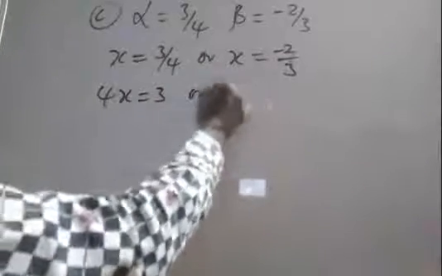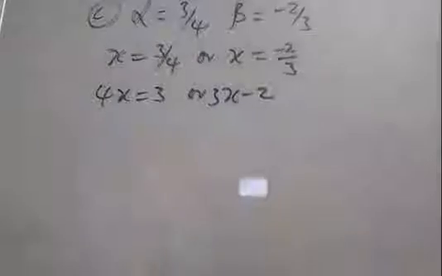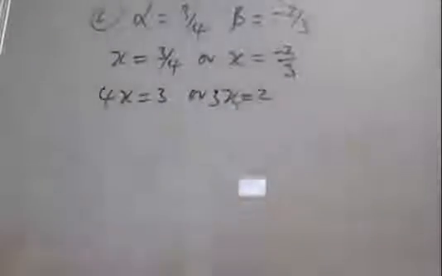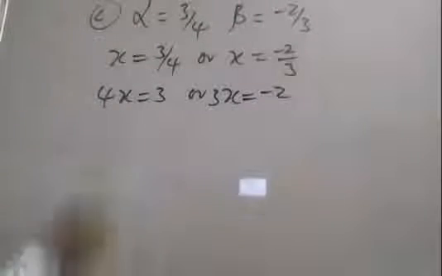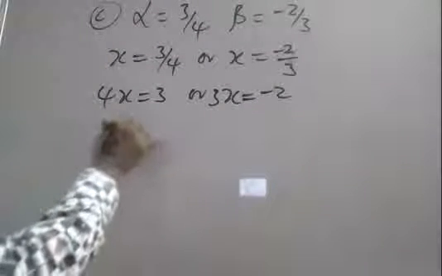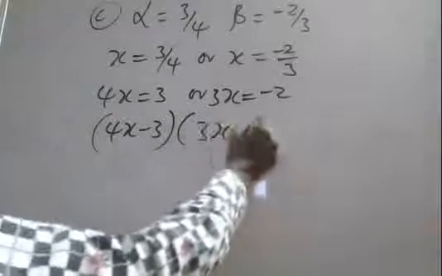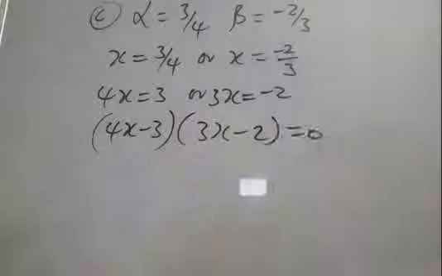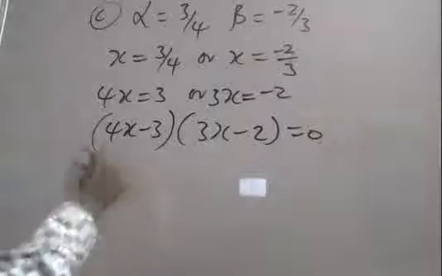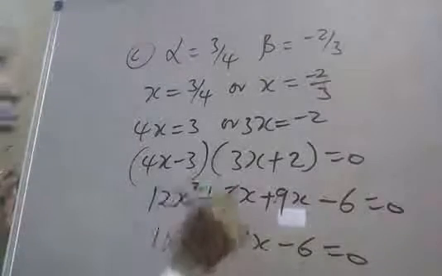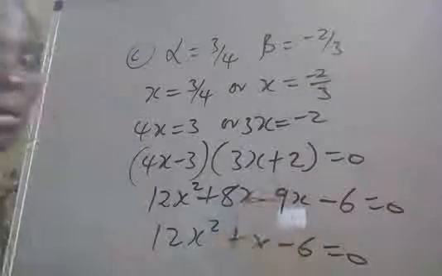Then 4x equals 3 or 3x equals minus 2. So when we simplify this, we have (4x minus 3)(3x plus 2) equals 0.